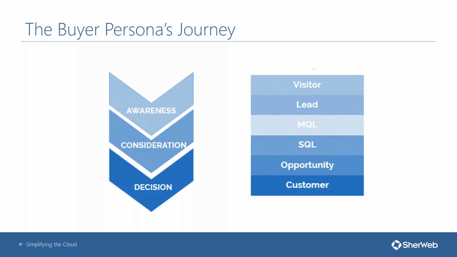And when you get to the sales qualified lead, then it's someone that's been acting on your website enough and that you've been able to track enough to know that there's a buying interest there. So at that point, you have a salesperson or your team call them, and they become an opportunity that you can close into a customer. So you can kind of see the sales funnel compared to the marketing funnel, to the marketing journey.